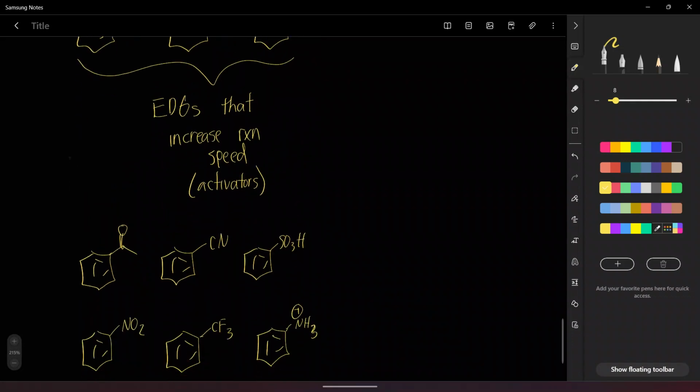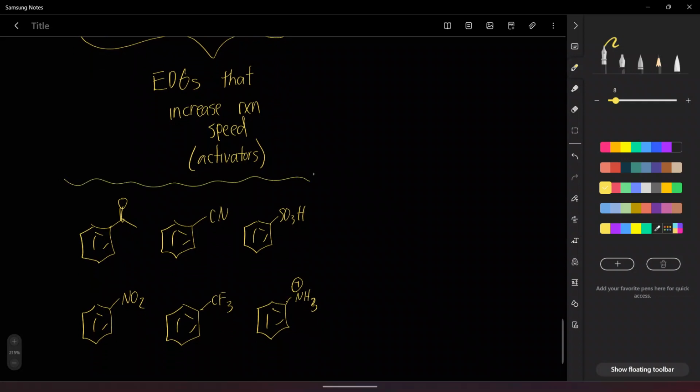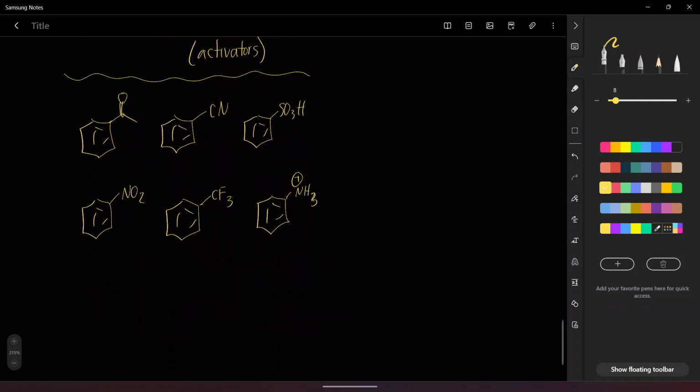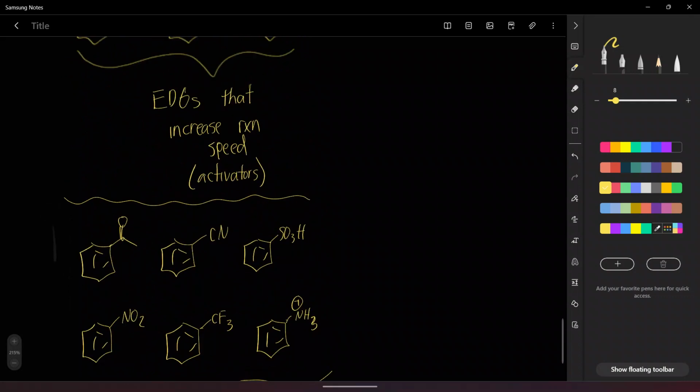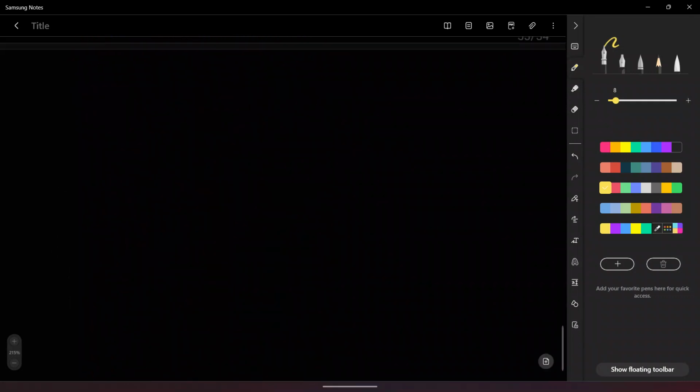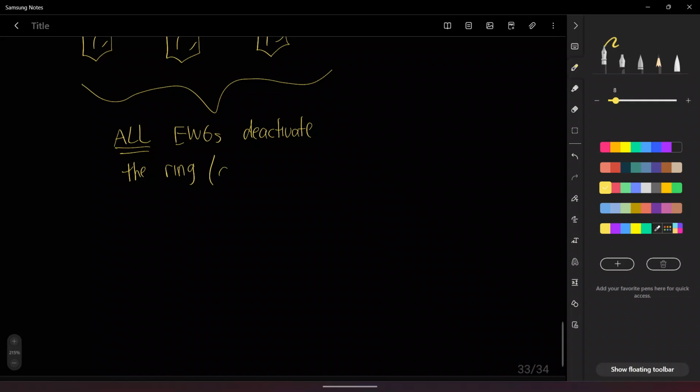Right. So all electron withdrawing groups deactivate. They deactivate the ring, so they decrease the speed of EAS reactions.